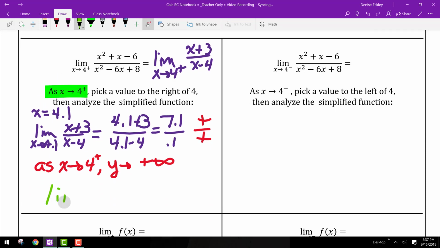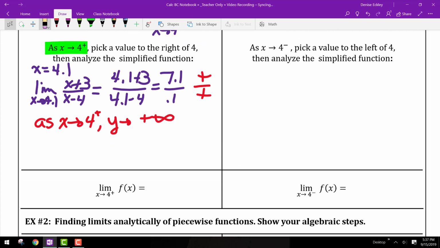So we can say that the limit of the function f of x as x approaches 4 from the right is going to be positive infinity.